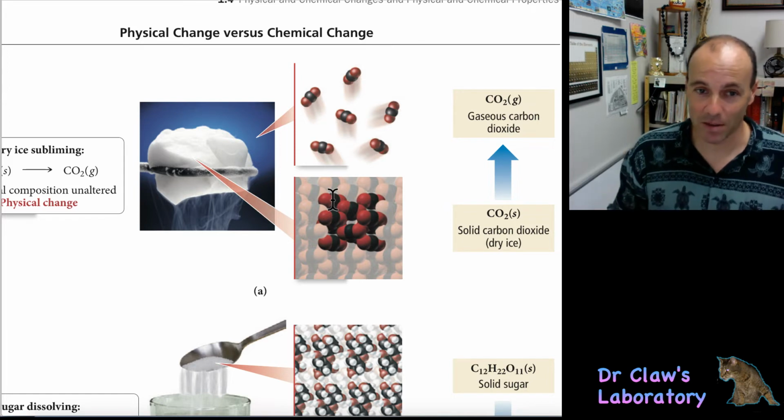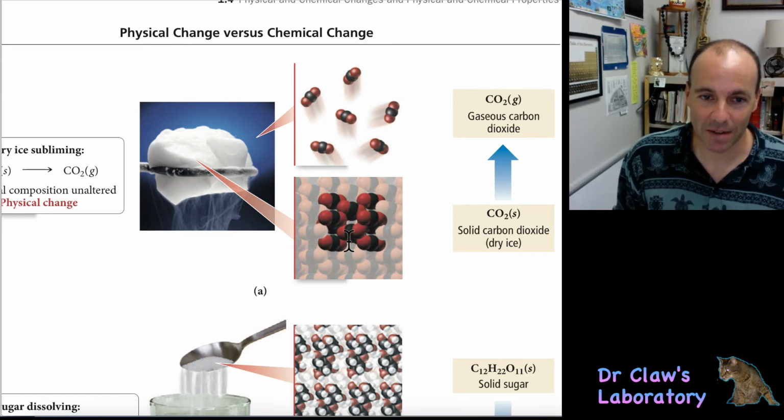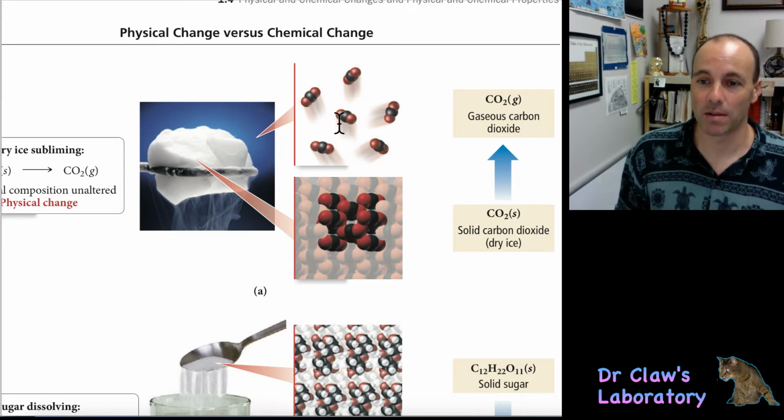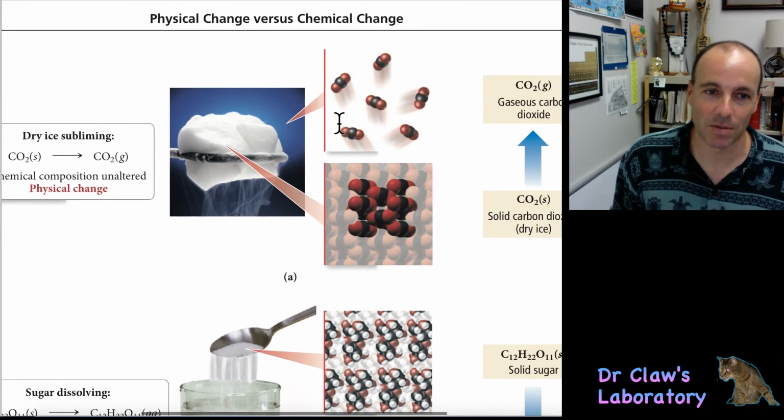It's a linear molecule. All of these molecules are packed together in the solid phase, but after it vaporizes, they're all separated from one another in the vapor phase. If you were able to see the molecules, maybe that's what it would look like.